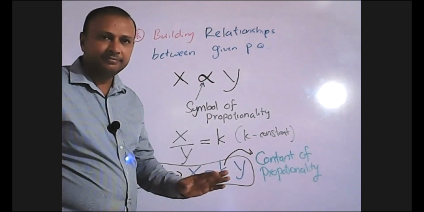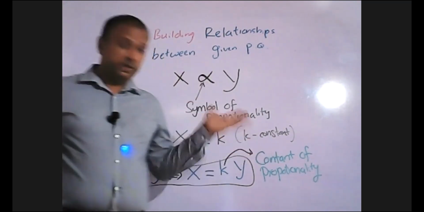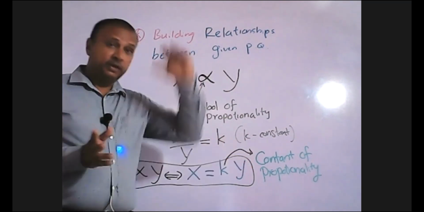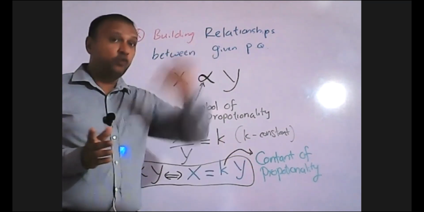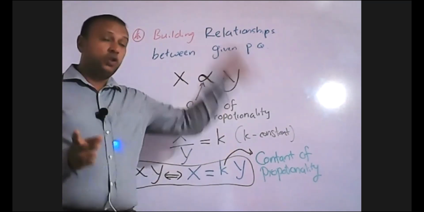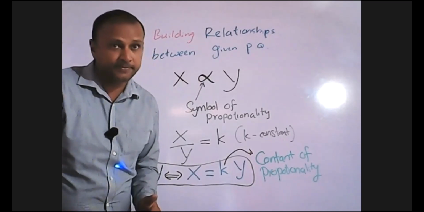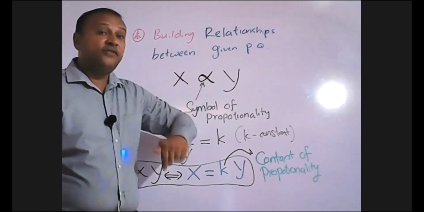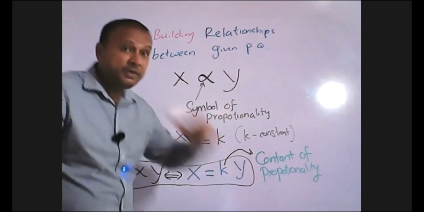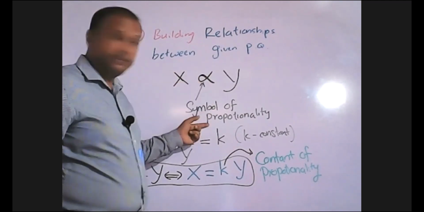Do you understand? So what is the definition of direct proportionality? If the ratio of any two physical quantities is a constant, then those two physical quantities are directly proportional to each other. Normally we represent direct proportionality using this symbol.